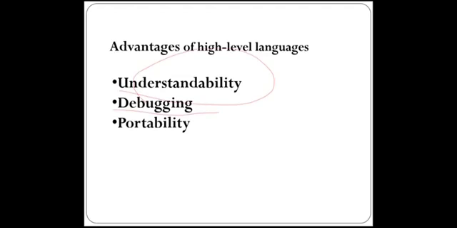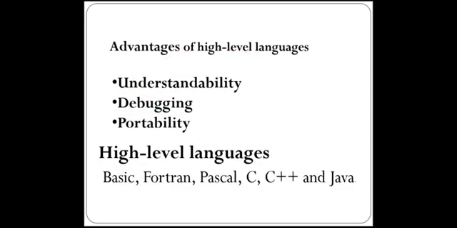So if I create a program on my computer and I want to run the same program on your system, that is doable in a high-level language. A few examples of high-level languages: BASIC, FORTRAN, that means formula translation, Pascal, C, C++, Java, Python. They are high-level languages.